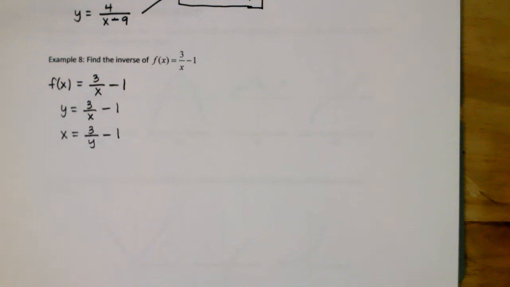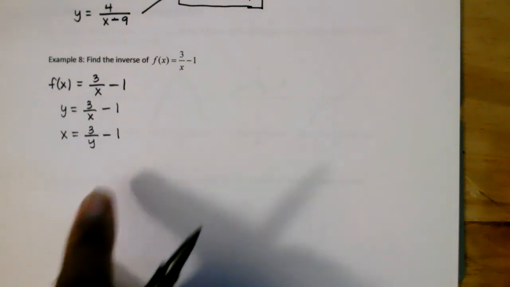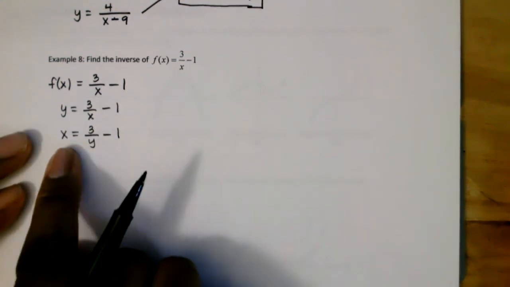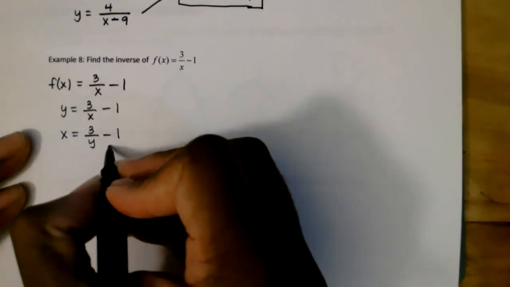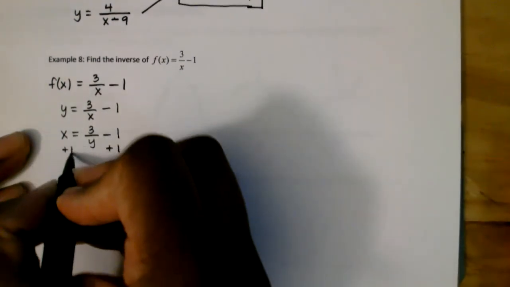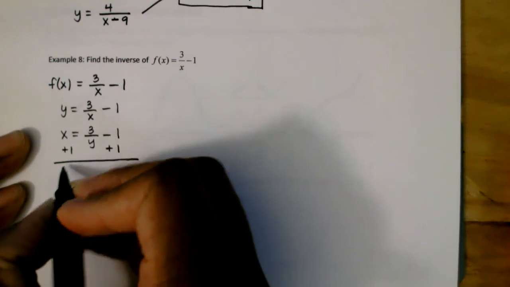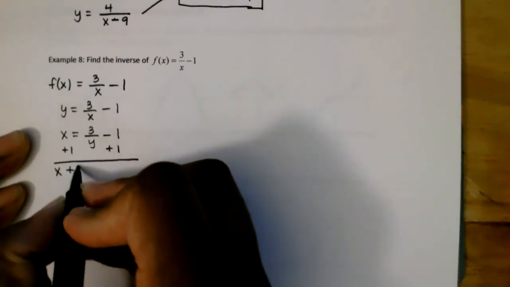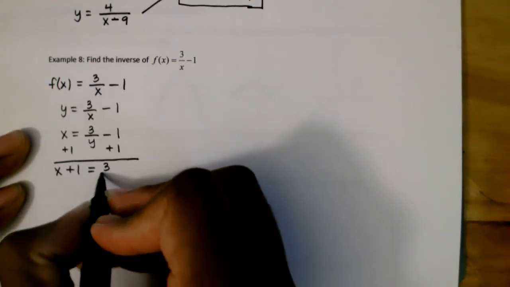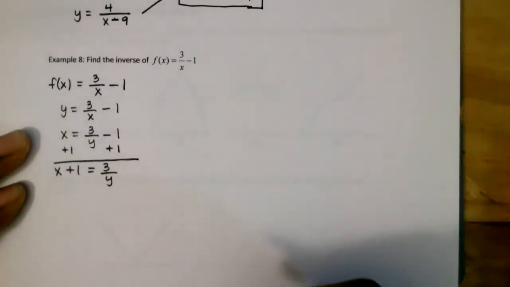Now, I'm going to do this a little bit different than I did in the last example. I'm going to move the minus 1 over to where the x is. And you'll see where I'm going with this. I'm going to add 1 to both sides. So I get x plus 1 is equal to 3 over y.